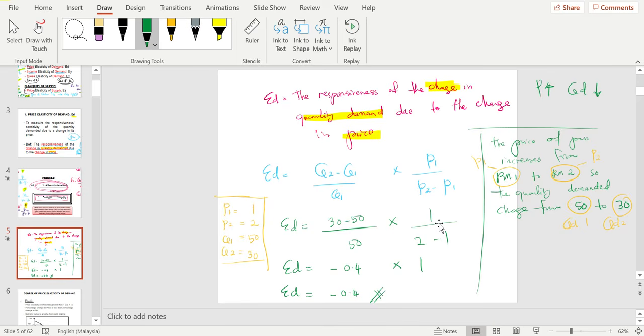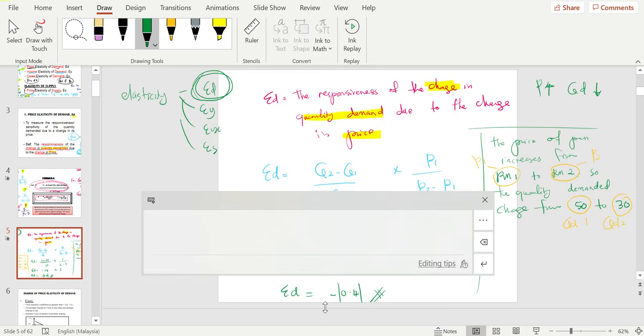But there is another trick, for ED only. How many types of elasticity do we have? We have 4 types of elasticity: ED, EY, EX and ES. For ED only, the final answer cannot be negative. You have to put it in absolute value.